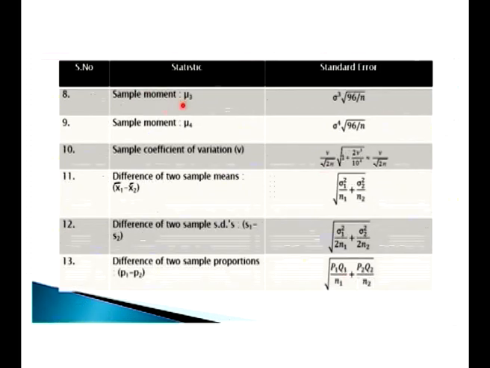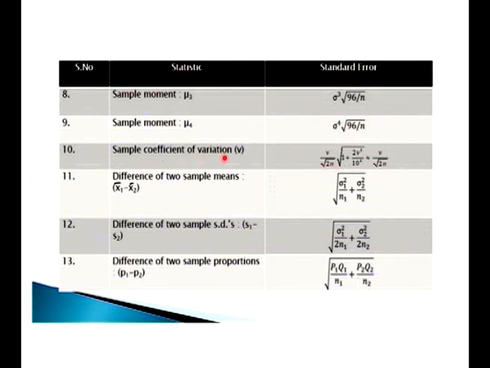If the statistic is sample moment mu 3, sample moment mu 2 is nothing but sample variance, we have seen S square. So, sample moment we will talk from mu 3. For mu 3, the standard error is sigma cube root of 96 divided by n. And if the statistic is sample moment mu 4, then standard error is sigma power 4 into root of 96 divided by n.